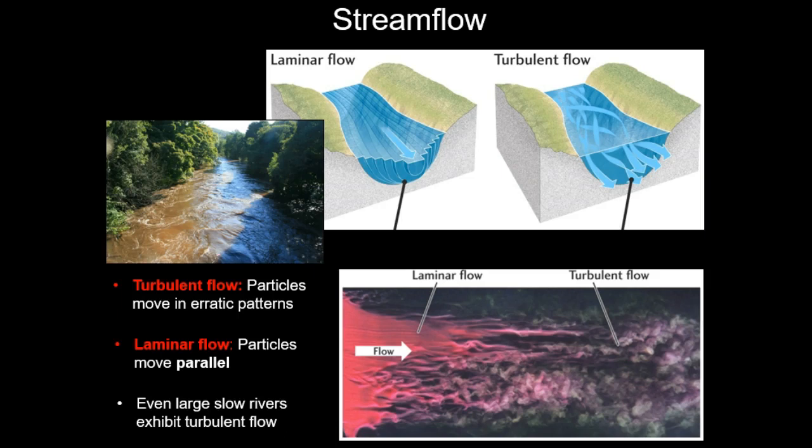A key factor that influences the type of flow that a stream will have is the stream velocity. As the velocity increases, the flow will become more turbulent. In the coming slides, we'll see what factors influence the stream's velocity.